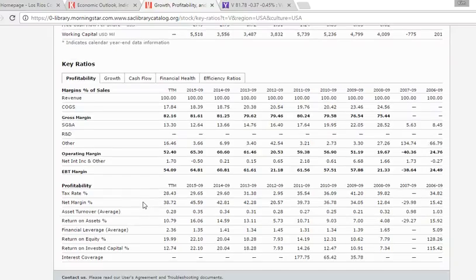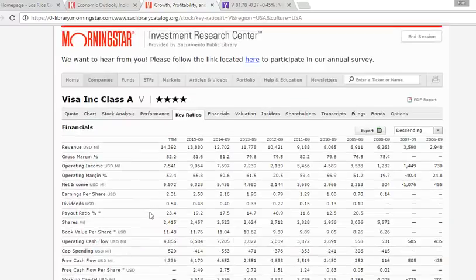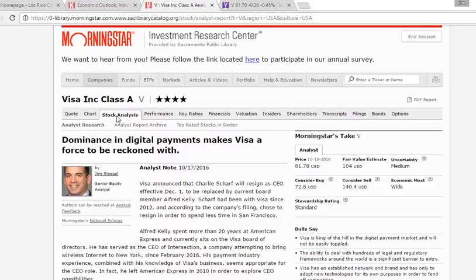So you could use this as another hub if you wanted to collect your information. But what I really like here is this tab called Stock Analysis. Again, this is a premium service that we don't have to pay for as long as we are a member of the library. So this equity analyst just provided me with really up-to-date information on Visa.